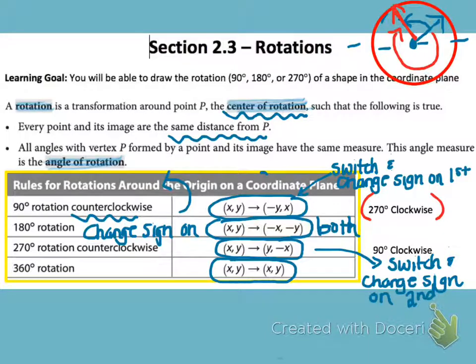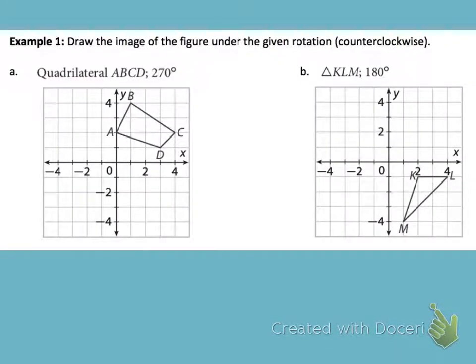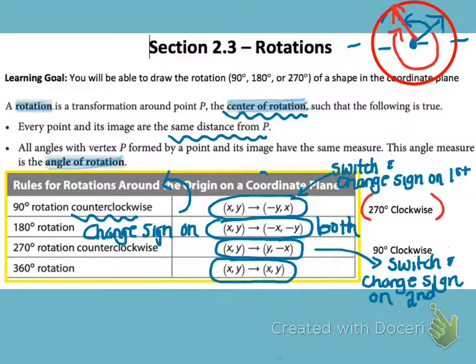So now that we know the rules, let's try to put them into practice. Example 1 says to draw the image of the figure under the given rotation, and it indicates that each of these angles that's listed is counterclockwise. So they want us to choose the rule for counterclockwise 270, and let's take a look at what that rule is. So that's this one right here.